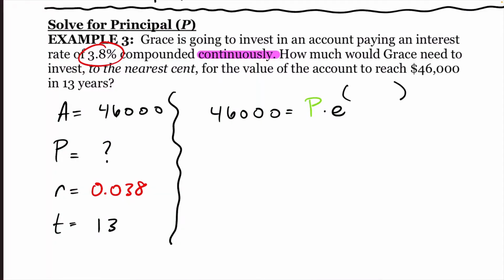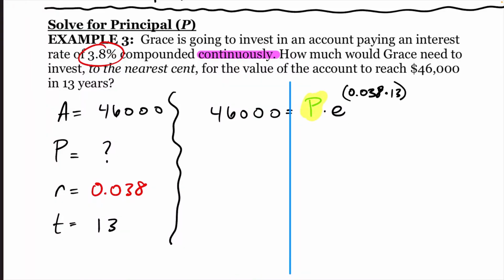Power is rate, R, times years, 13. So this one we can't just push numbers in our calculator quite yet. We have to solve for P. If we were solving for A, yeah, go for it. But we don't, so we have to solve for P. This is kind of like what we were doing the last 2 days when we were solving for R. Except we need to solve for P right now.